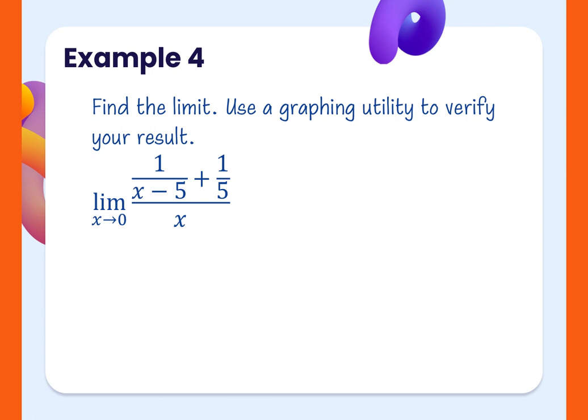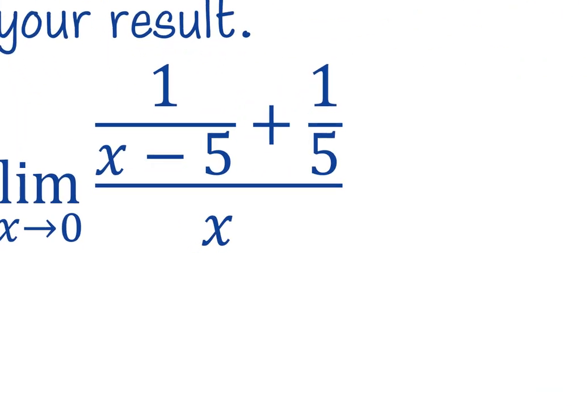There's a couple different methods to simplifying complex fractions. One is finding a least common denominator of all the secondary denominators, which would be x minus 5 and 5, and then multiplying each term by them. This goes back to complex fractions. The other is I can combine my numerator together, so those two separate fractions, I can combine those together, and then I can flip it at the end.